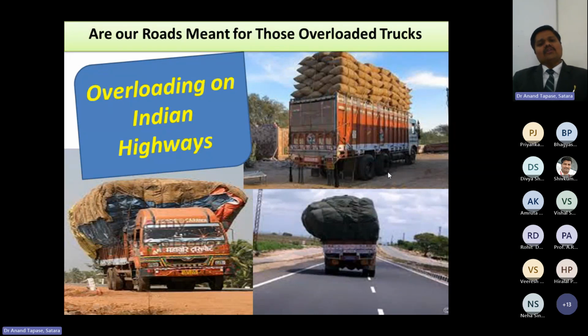This is also not the case where Indian roads are being considered for that. Certain legal standard axle limits have been set by the Indian Roads Congress (IRC). But of course, we are encountering roads with such overloaded vehicles, and our Indian roads are not meant for such overloaded vehicles either.